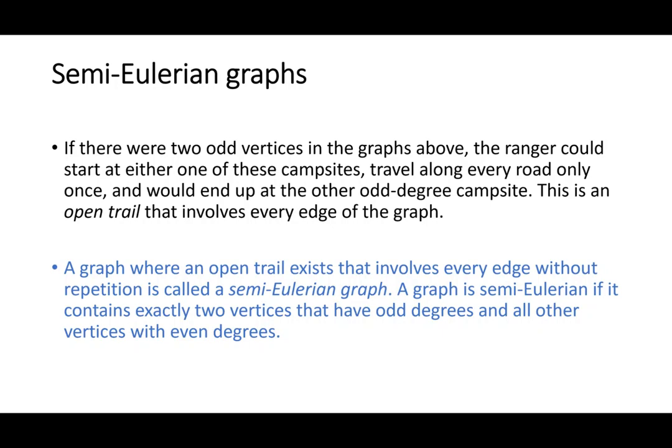They end up at the other odd degree vertex. So it's an open trail that involves every edge of the graph. A graph where an open trail exists that involves every edge without repetition is a semi-Eulerian graph. A graph is semi-Eulerian if it contains exactly 2 vertices that have odd degrees and all other vertices with even degrees.